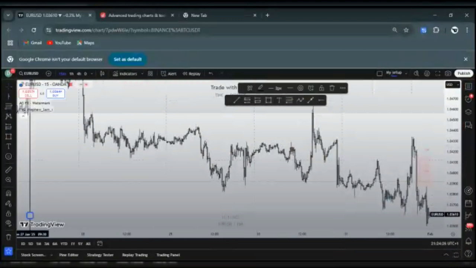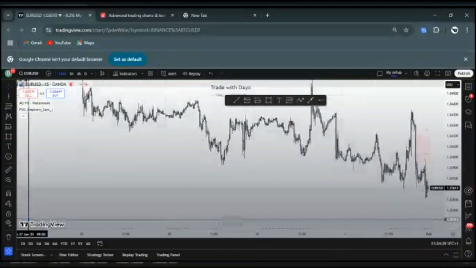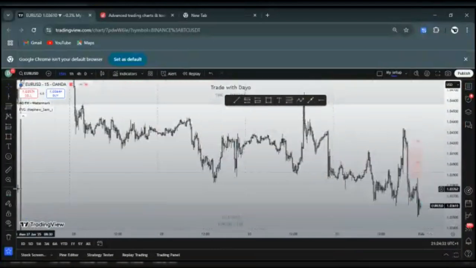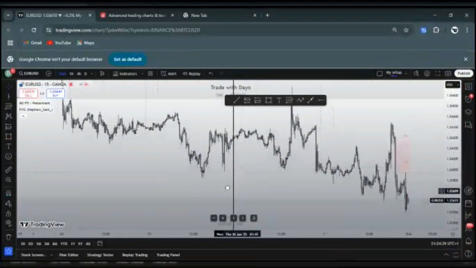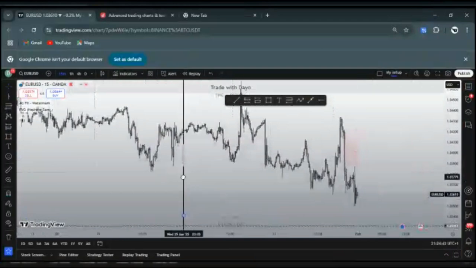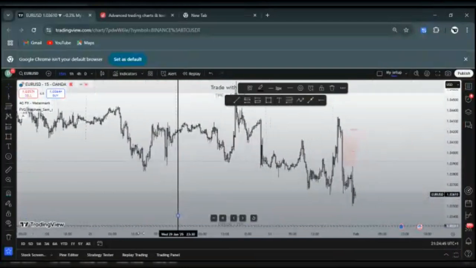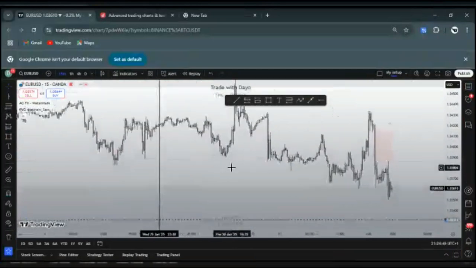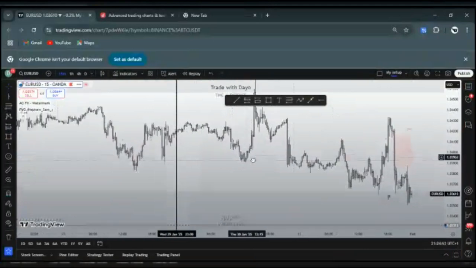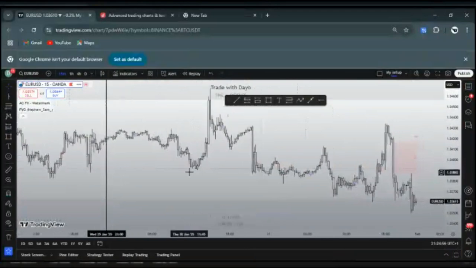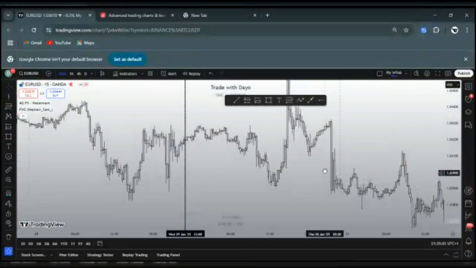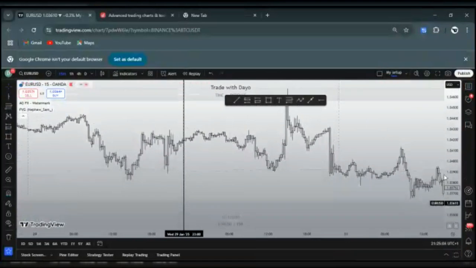So this is my vertical line. I'm going to be placing it here, which is 30th of January. This is where 30th of January starts. Normally the market opens with Asian session, so we are going to be naming this Asian.